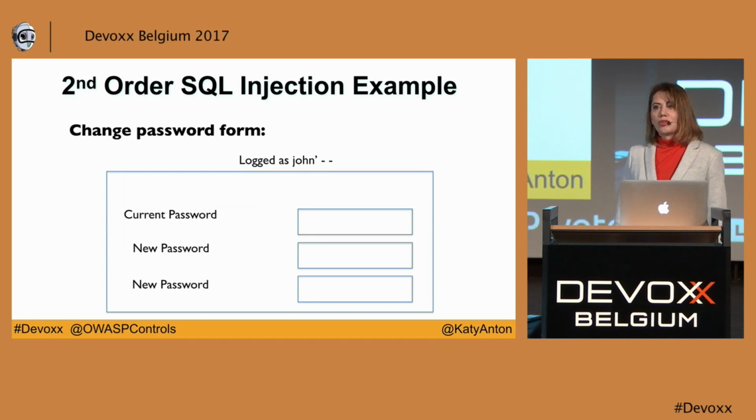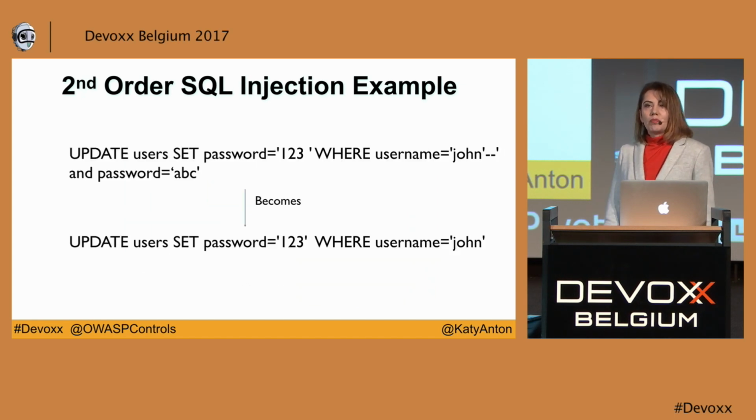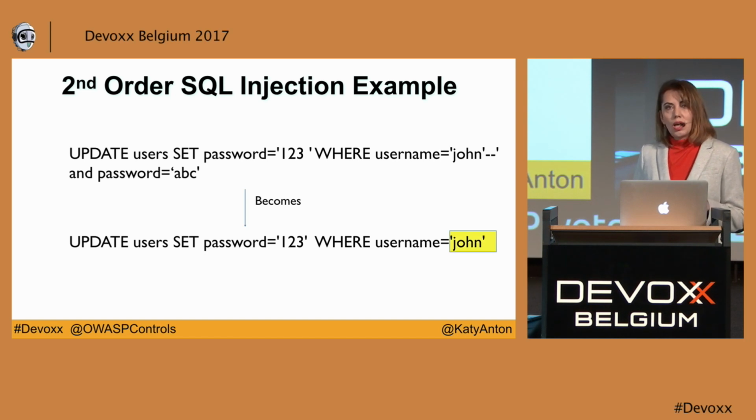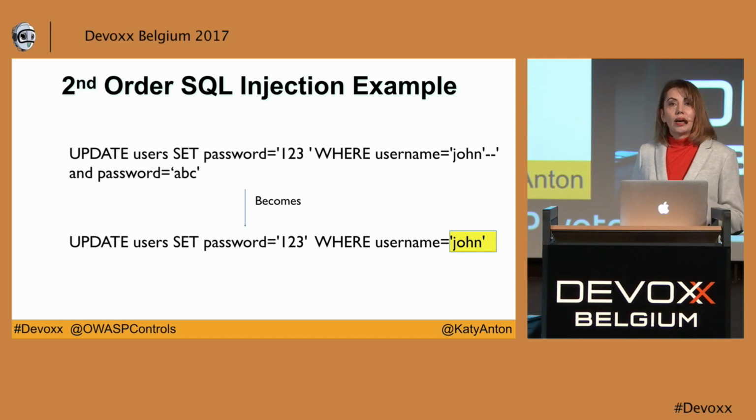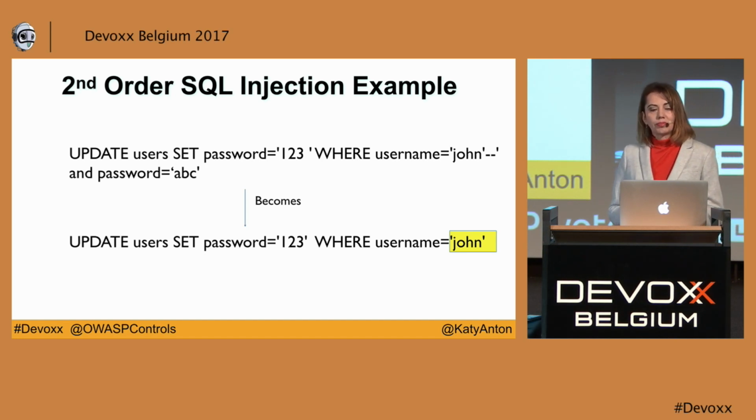And when changing the password for our initial user, the SQL command can become, from the initial one of changing the password for user John single quote dash dash, to changing the password for a completely different user, because that input contains an injection payload, which has been interpreted as part of the SQL command. So we can say that we have successfully changed the password for a different user and have performed a second-order SQL injection.